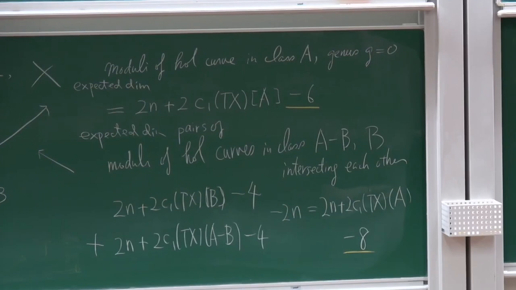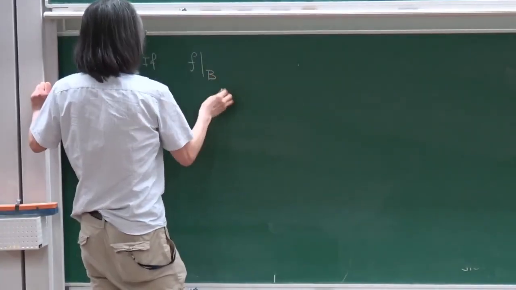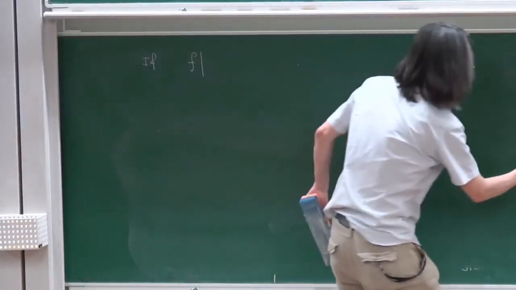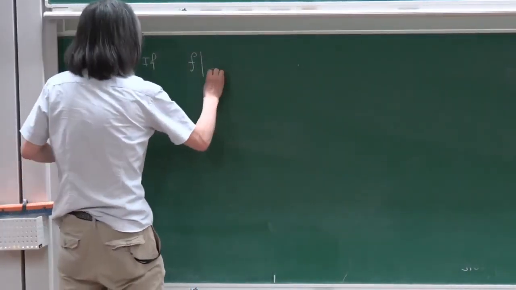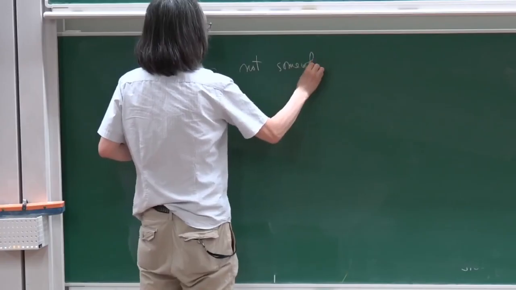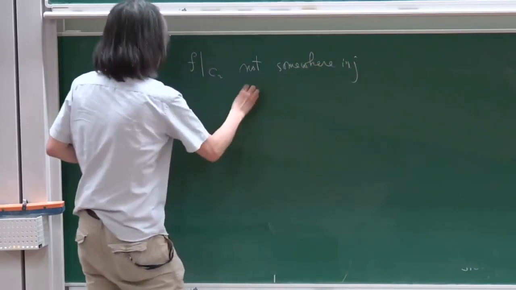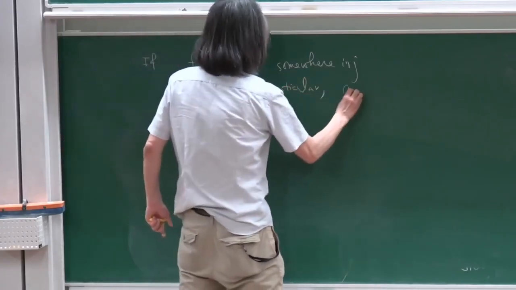But it may happen the following. For instance, I have this component f, and let's suppose that f restricted to B has two components, C1, C2, and say this one is not somewhere injective, in particular multiply covered.